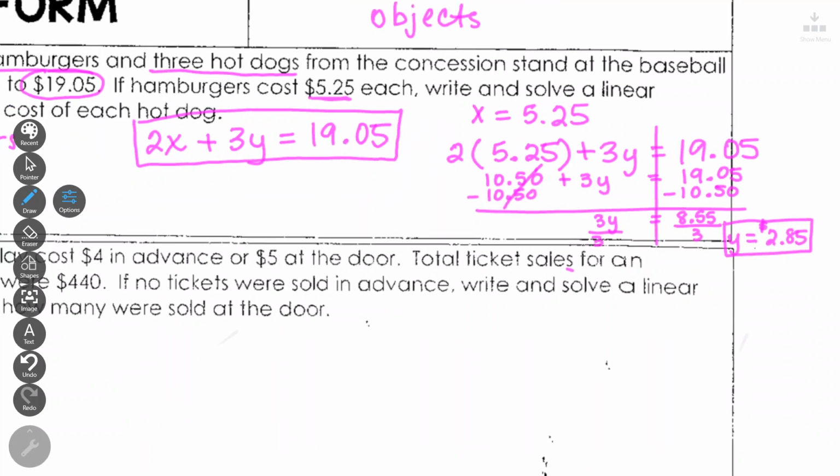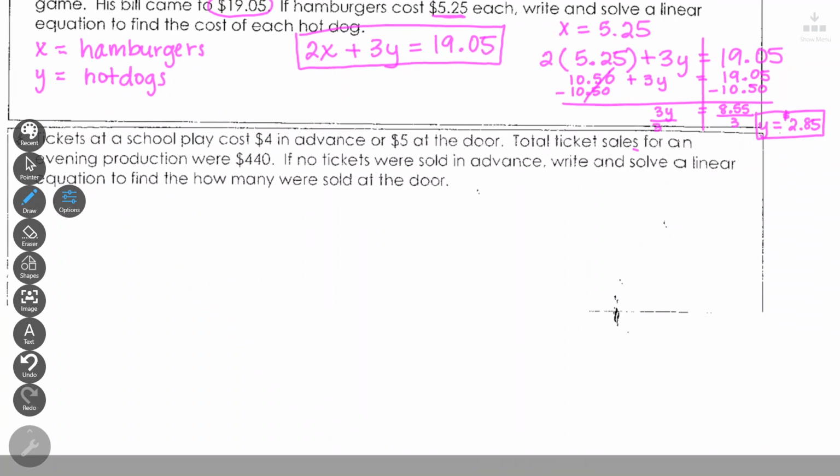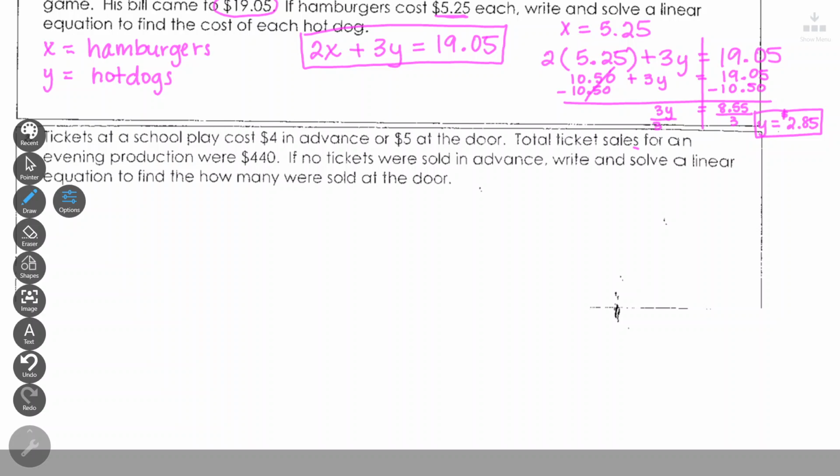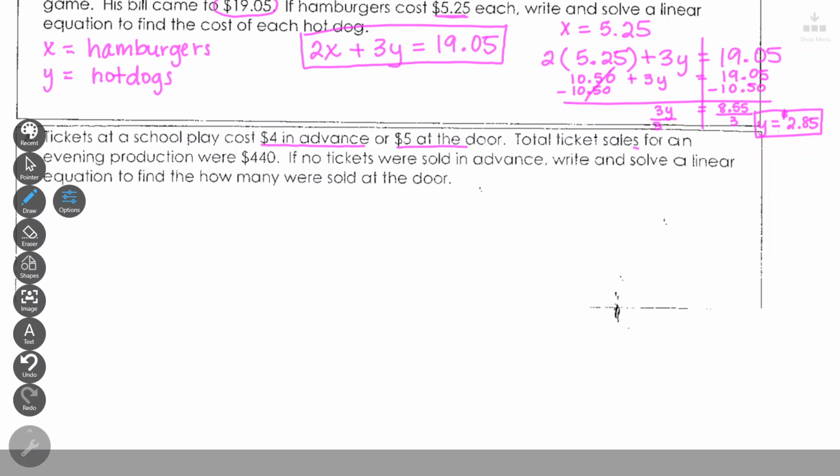All right, let's look at the next one. It says, tickets at a school play cost $4 in advance or $5 at the door. Total ticket sales for an evening production were $440. Let's underline this: $4 in advance, $5 at the door, they made $440.